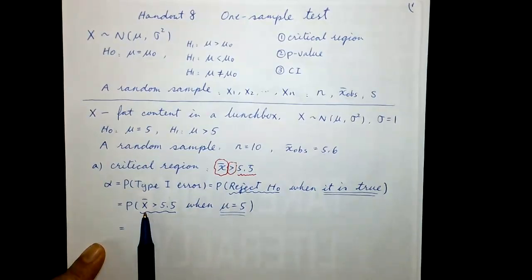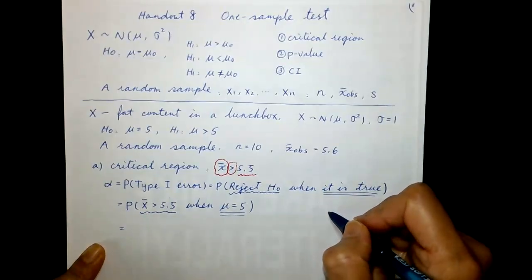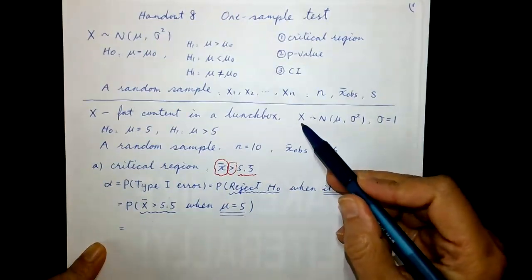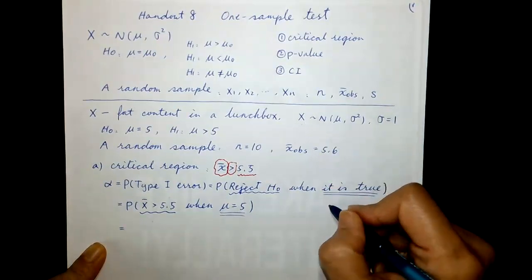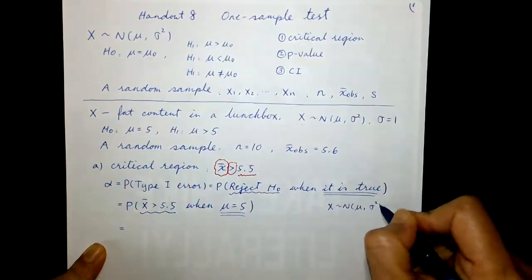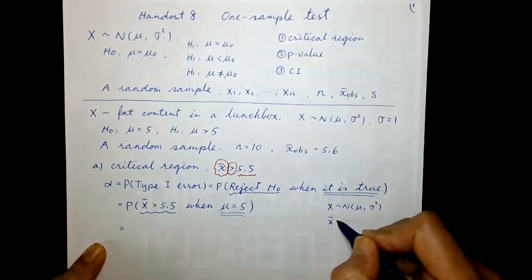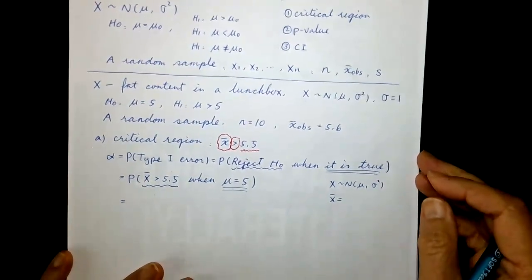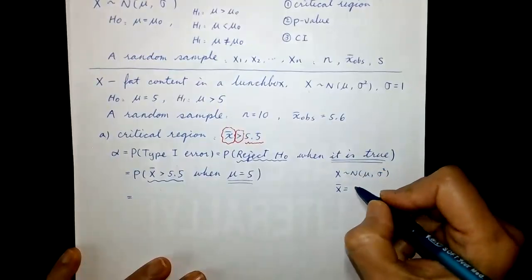Since x bar is the variable, a short reminder, what is x bar? Okay, we start with x as the variable. So x is normal. What is x bar? This is handout 4, your favorite part, linear function of random variables.